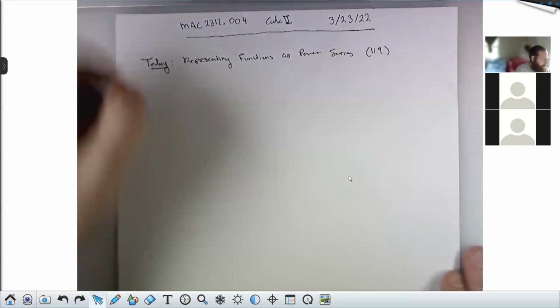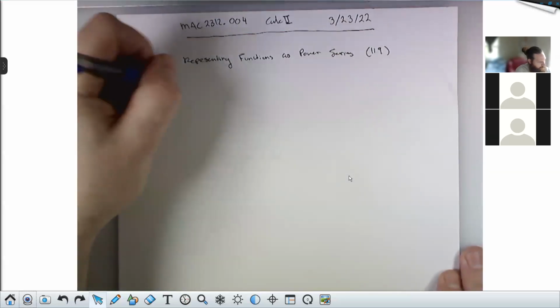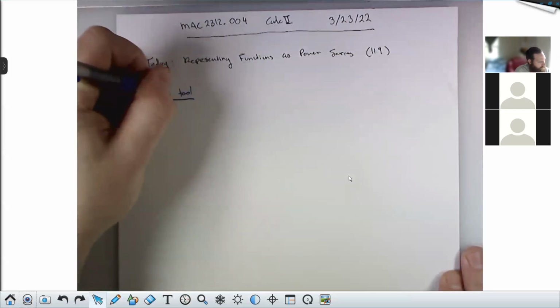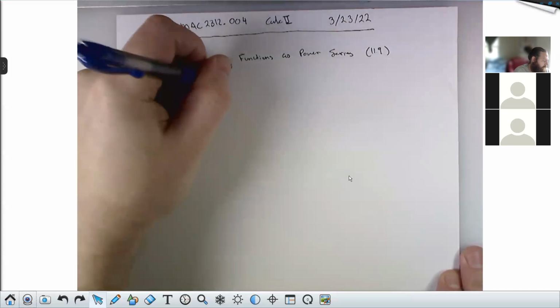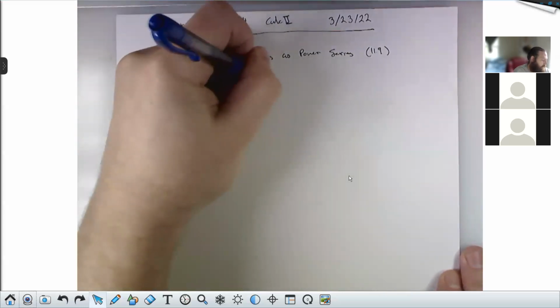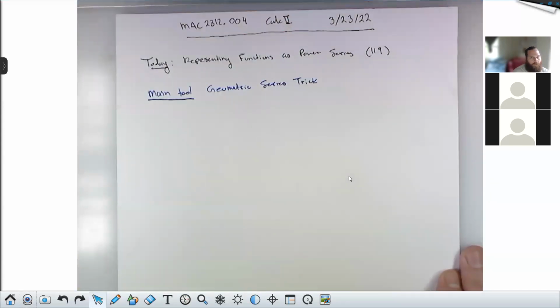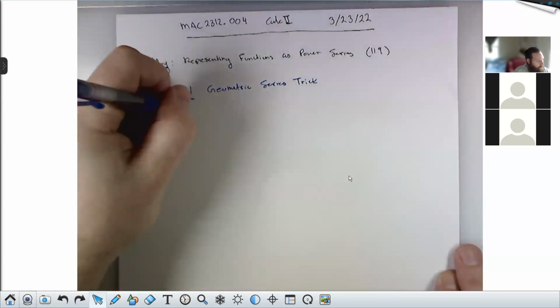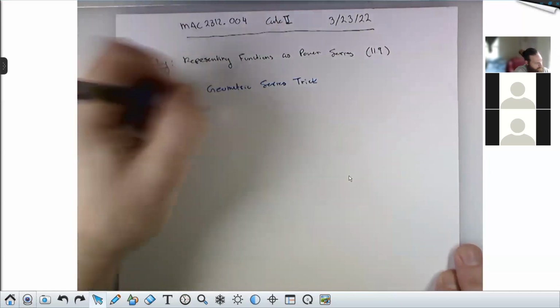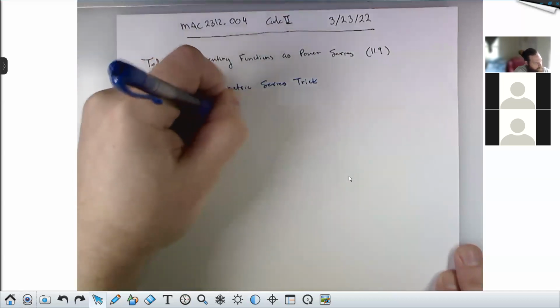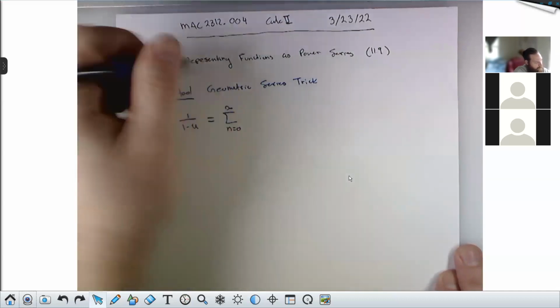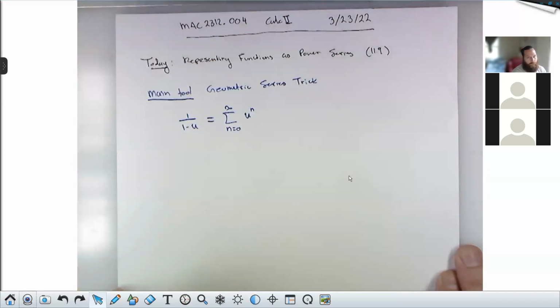The main tool for this section is what I'm going to refer to as the geometric series trick. And that is that if you have the series sigma n from 0 to infinity of u to the n, this is equal to 1 divided by 1 minus u.